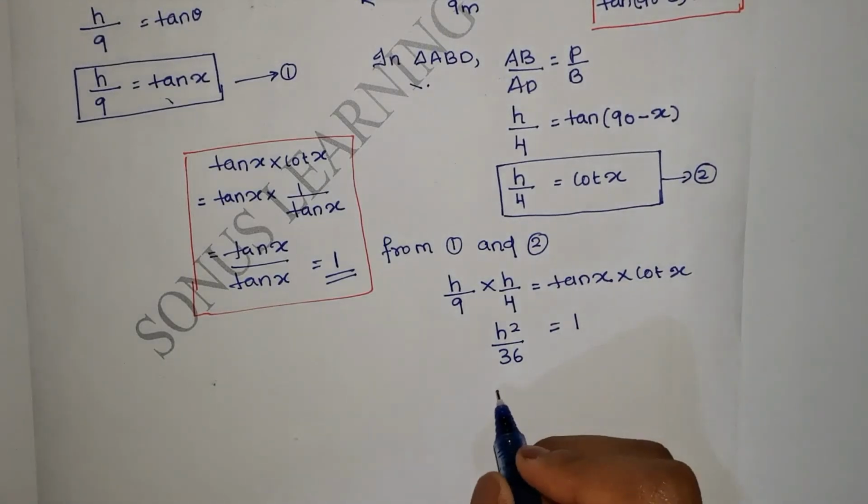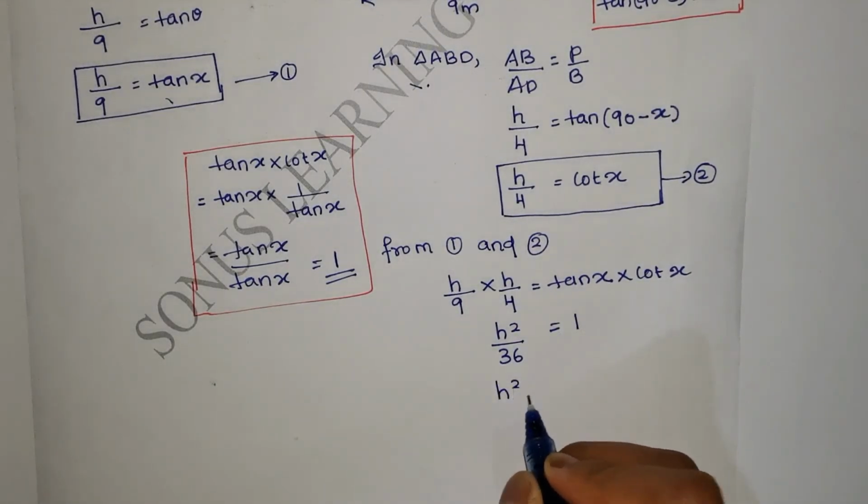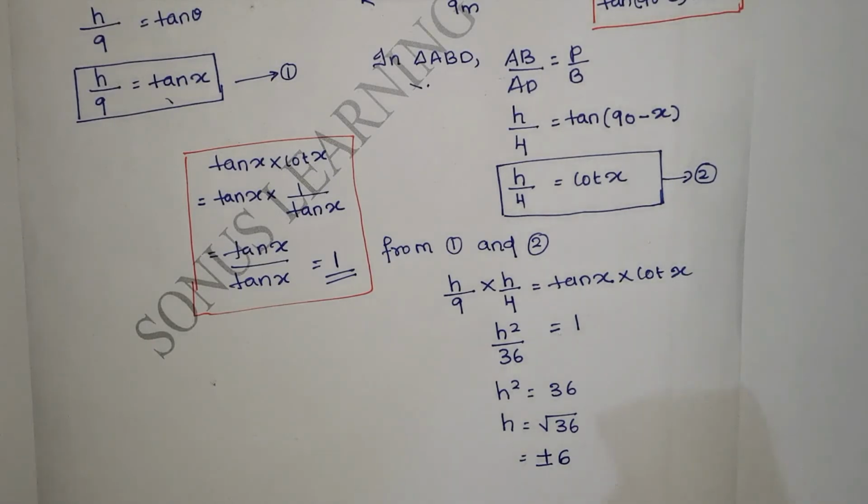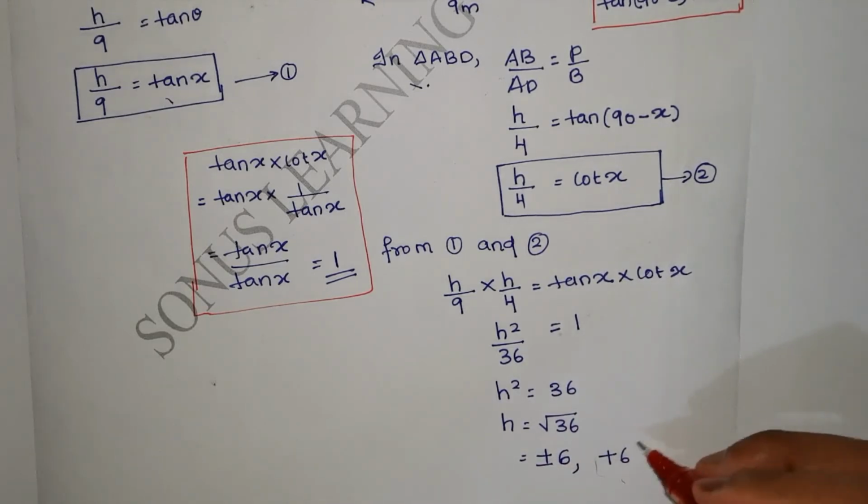Next, we can cross multiply. H square is equal to 36, so H is root 36, which is plus or minus 6 because 6 times 6 is 36. But here we will take only plus 6, because distance is a positive value.